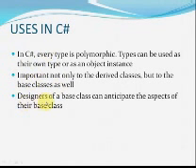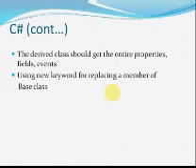Designers of a base class can anticipate aspects of their base class that are likely to change for a derived type. In C#, every type is polymorphic. Types can be used as their own type or as an object instance, because any type automatically treats object as a base type.